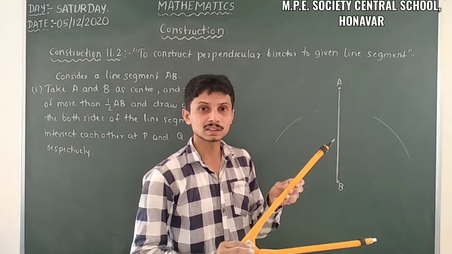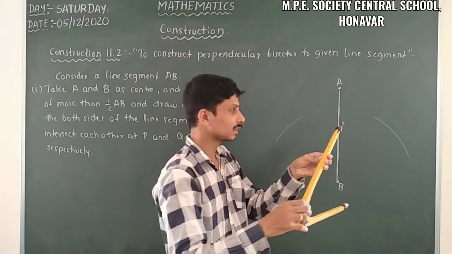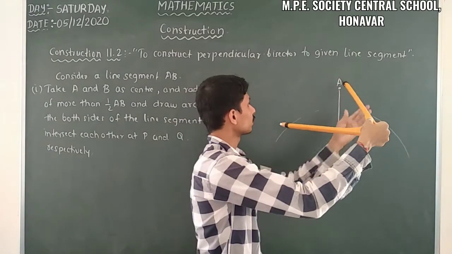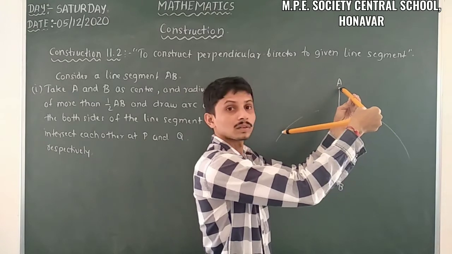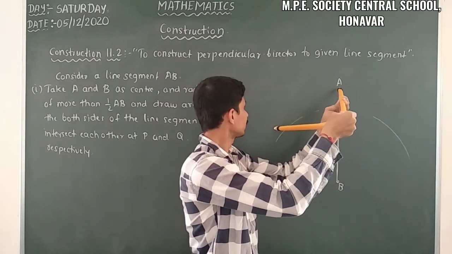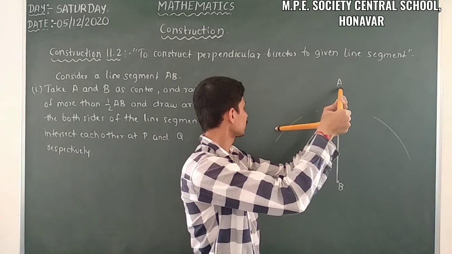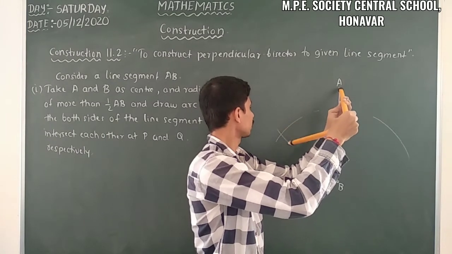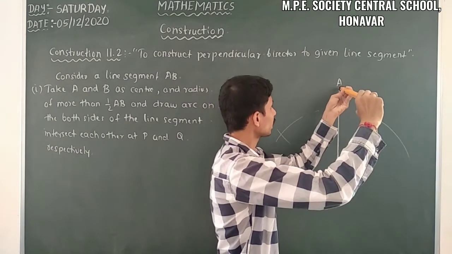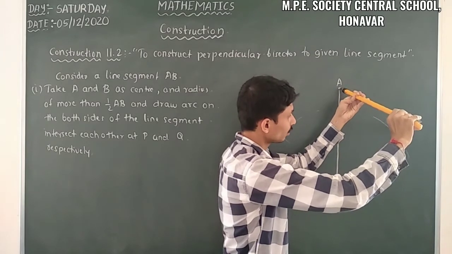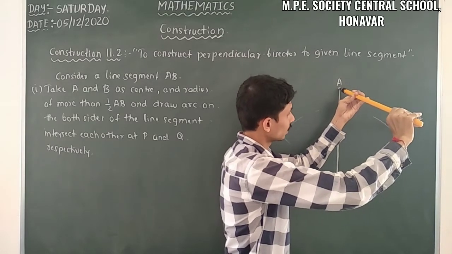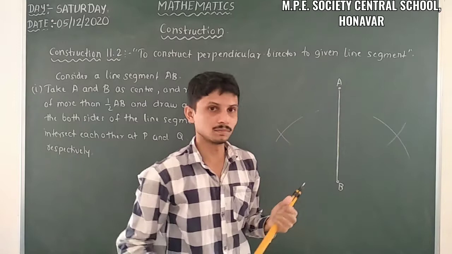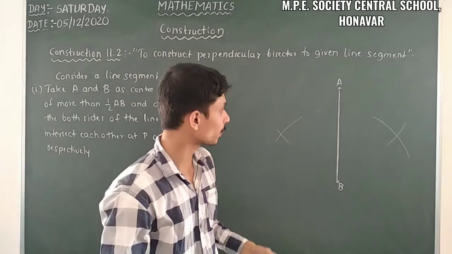Simultaneously, don't change this radius, and take A as the center, and cut the previously drawn arcs, here also with A as the center. Yes, so this is the first procedure.